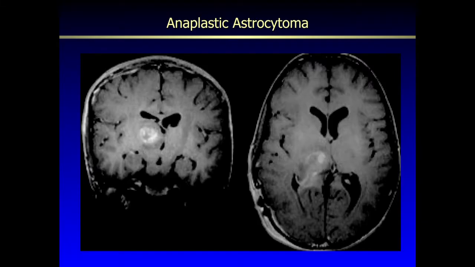If we go up, there's a mass here in the thalamus, all right? And this lesion does enhance. I don't really see a big necrotic center to it, and so I would tend to think that this is an anaplastic astrocytoma. And this is what I would tell the neurosurgeon, okay?